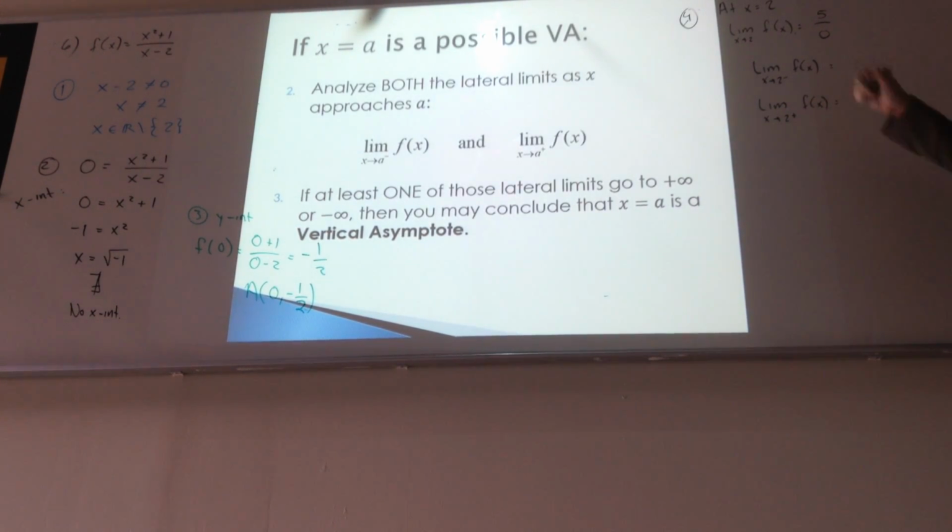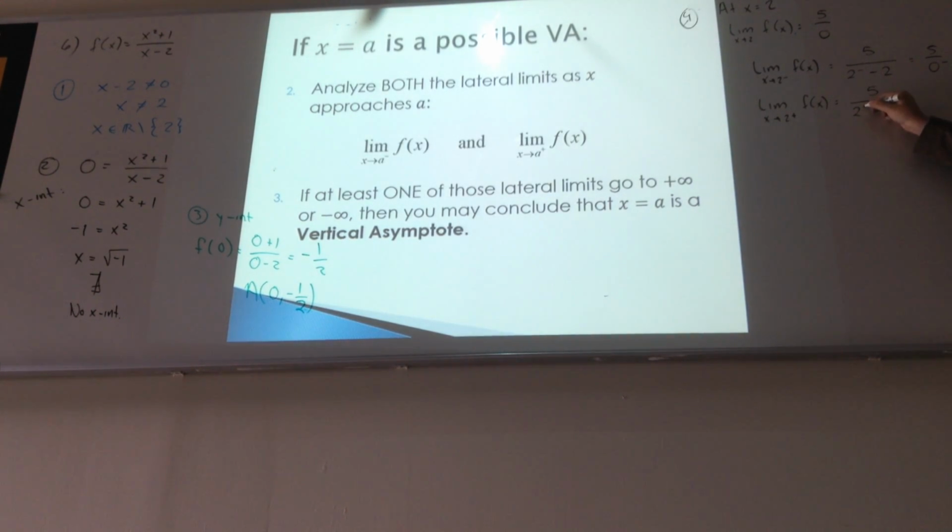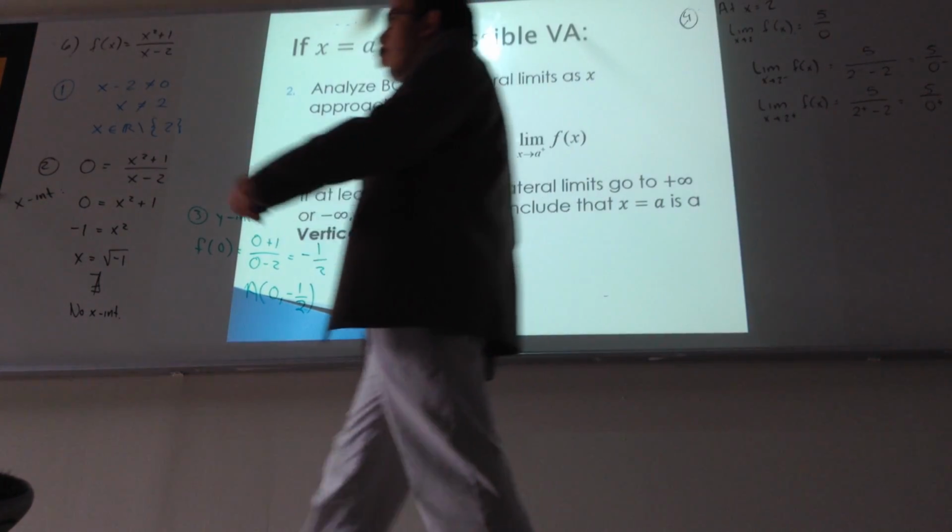So, evaluate again. 5 over 2 from the left, minus 2, so it's 5 over 0 from the left, and the answer is minus infinity. The other one, 5 over 2 from the right, minus 2, equal to 5 over positive infinity. Conclusion: at least one of them was infinity.